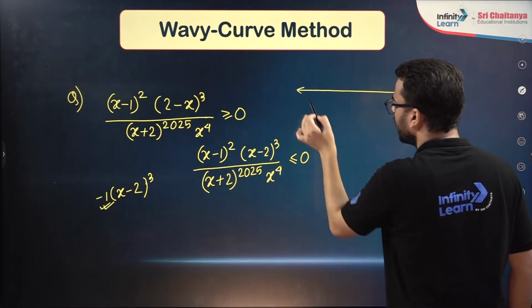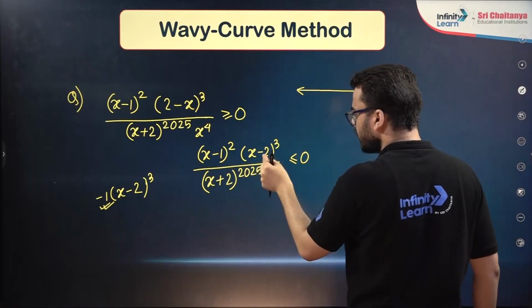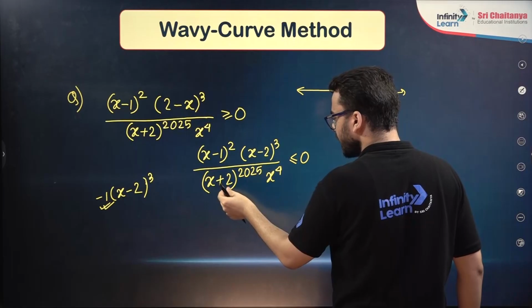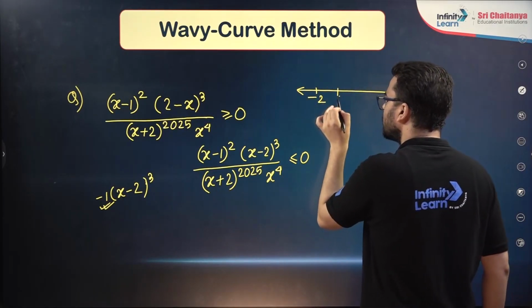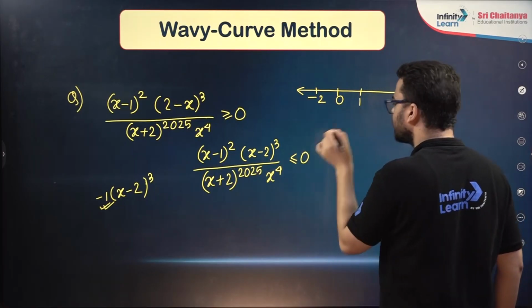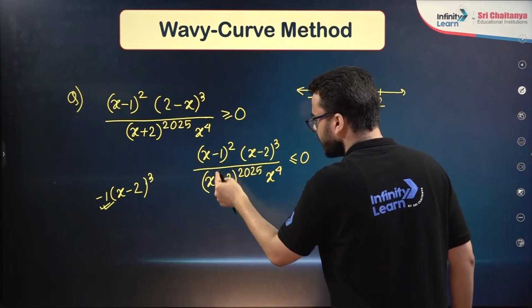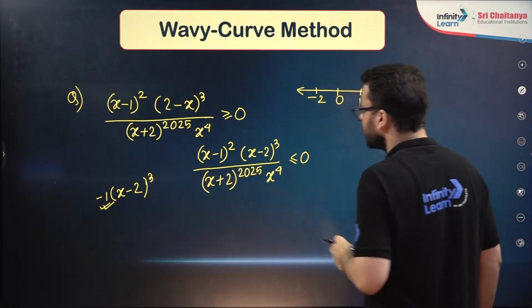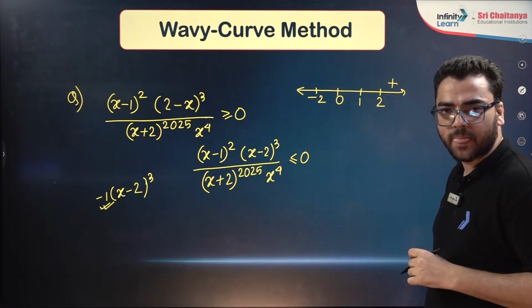What will you do? Plot the zeros of all of these polynomials. Zero of this is 1, of this is 2, of this is minus 2, of this is 0. So minus 2, 0, then zero of this polynomial is 1, zero of this polynomial is 2. Now, we made sure that the coefficient of x is positive in all of these cases. You can start with a plus sign. Correct?